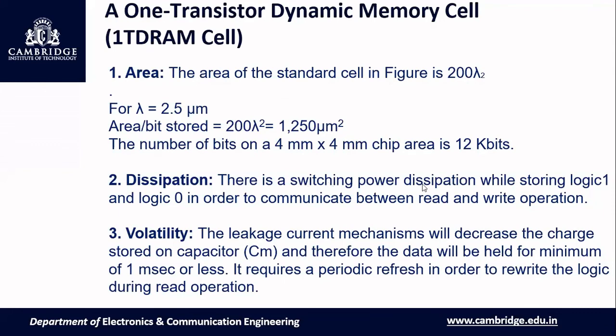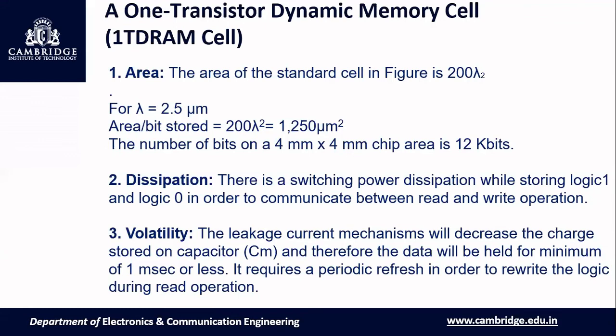There is a switching power dissipation while storing logic 1 and logic 0 in order to communicate between read and write operation. Whenever we make the NMOS transistor on, that time switching power dissipation will be there.